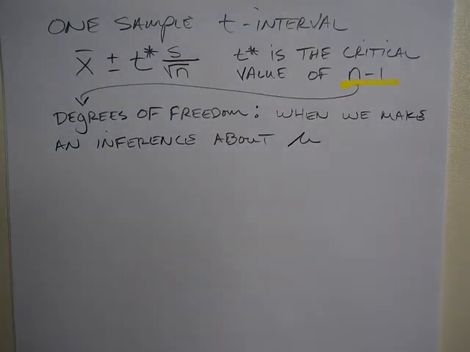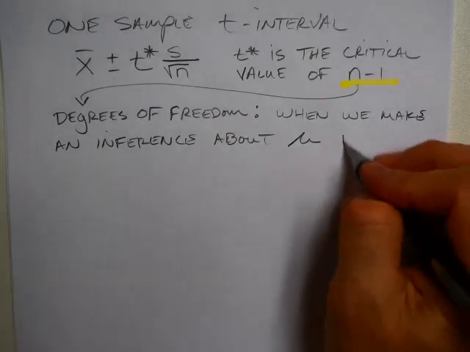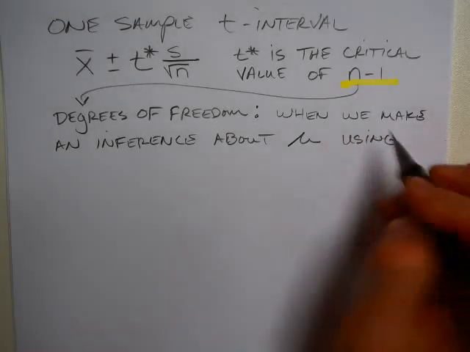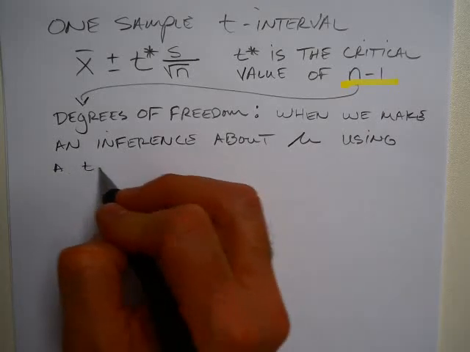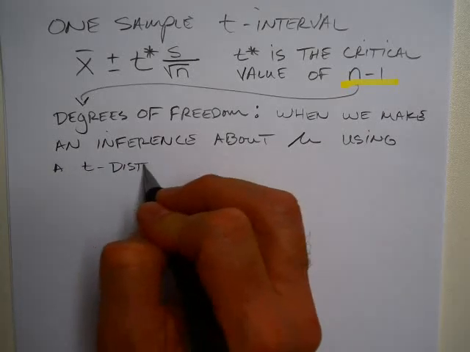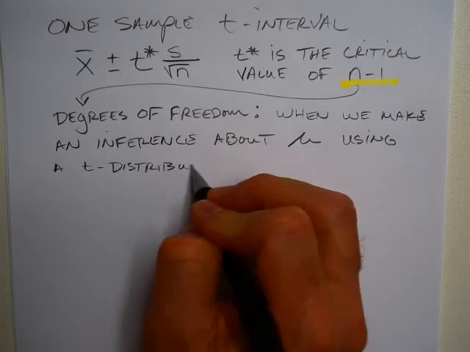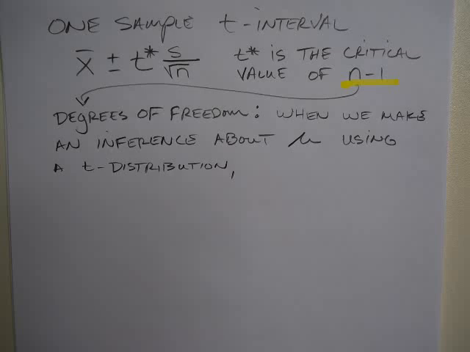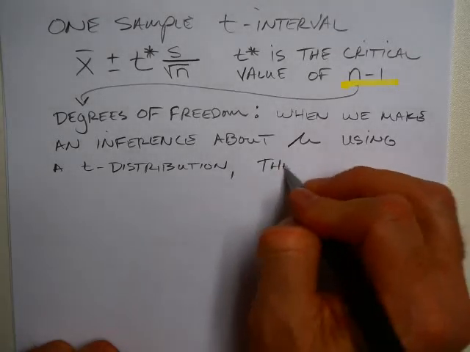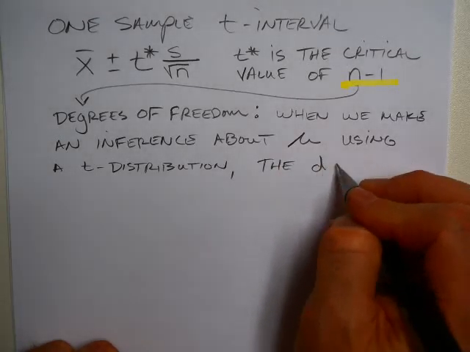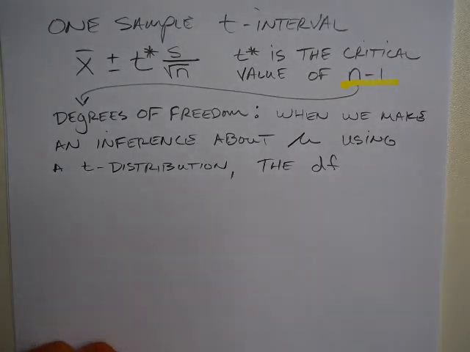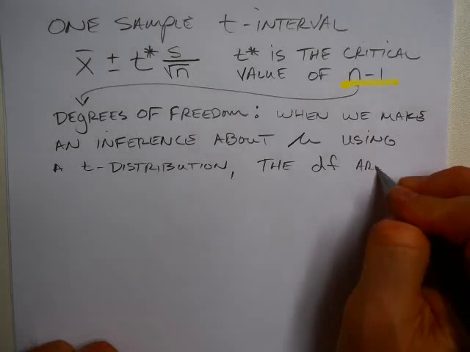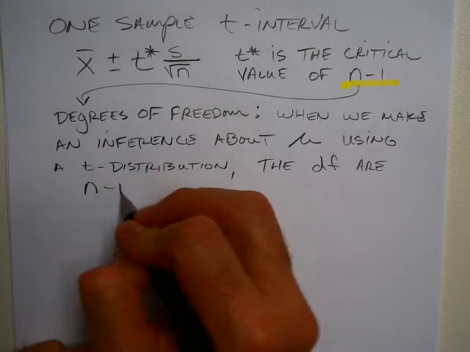Right? When we make an inference about a population mean using a t-distribution, the degrees of freedom are, I'm just going to use df, usually that's how it's abbreviated, n minus 1.